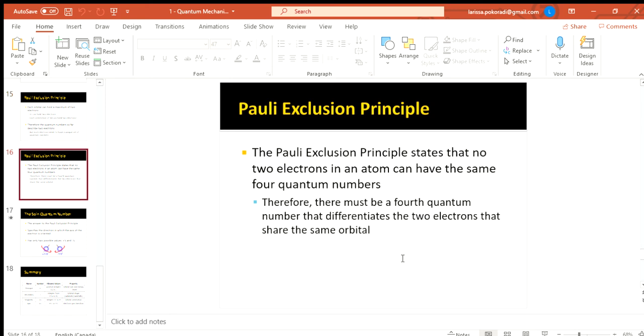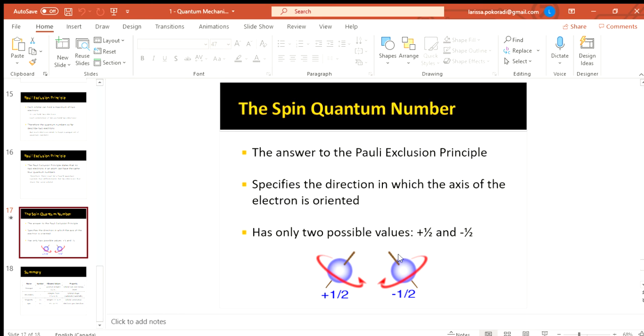So that's where spin comes in. That's the answer to Pauli's exclusion principle. What we'll do is say, kind of like how Earth spins on an axis, that one of those electrons spins in a positive direction and one spins counterclockwise, or vice versa.